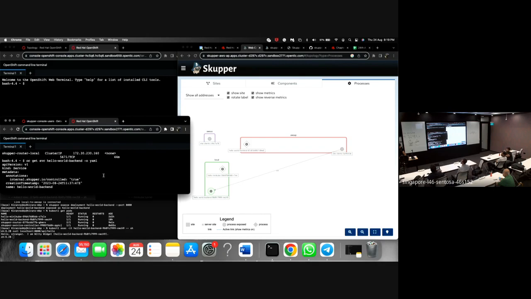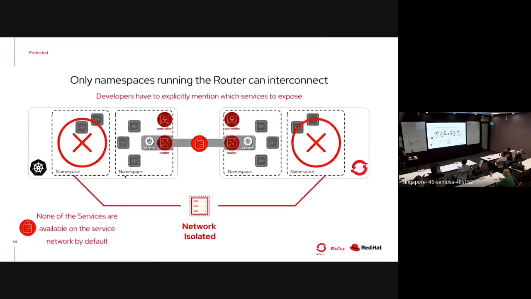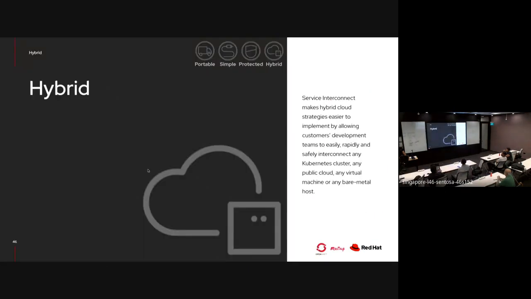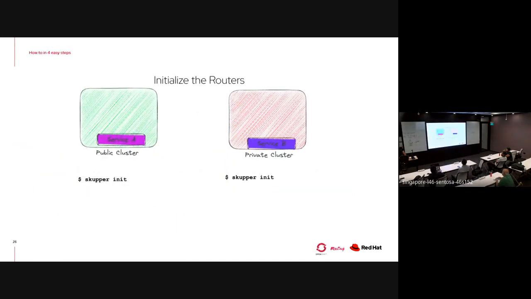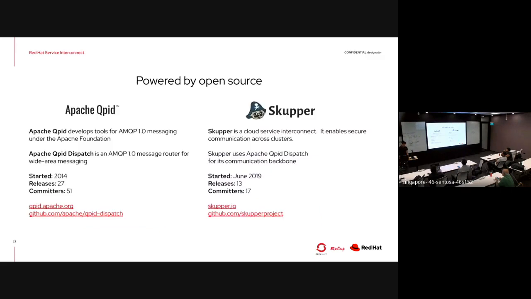Remember, Kiran actually showed that there are 2 upstream projects that we combine together in order to achieve this: the controller and also the Skupper router. The router is the pod that we're pointing to just now. And to configure the router is actually the job of the controller, which is Skupper in this case.